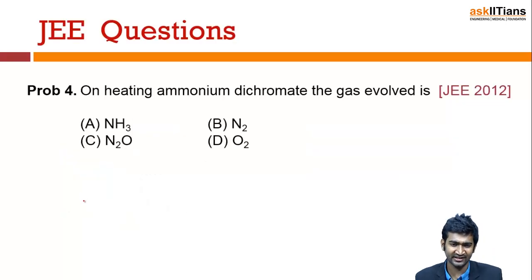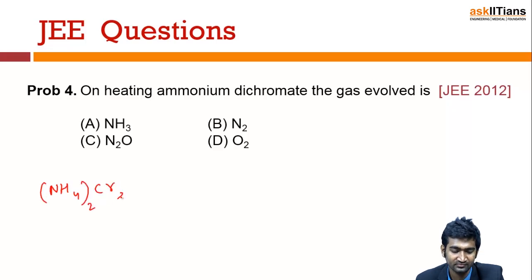Okay, next question. On heating ammonium dichromate, the gas which is evolved is what? This has come in recently, JEE 2012. For these kinds of questions, obviously you should know the preparation reactions. So I hope you remember this reaction, which I am going to write here: (NH4)2Cr2O7.